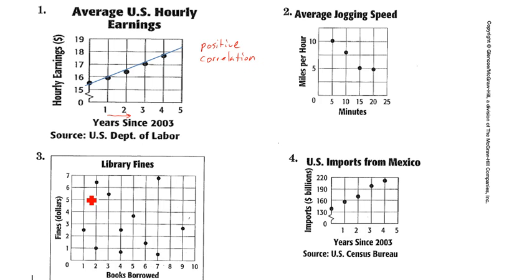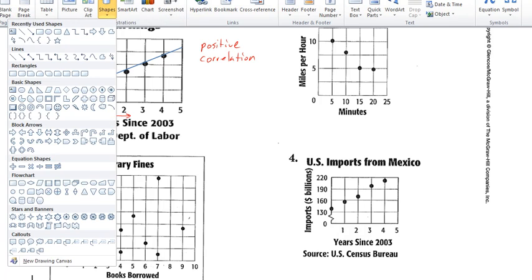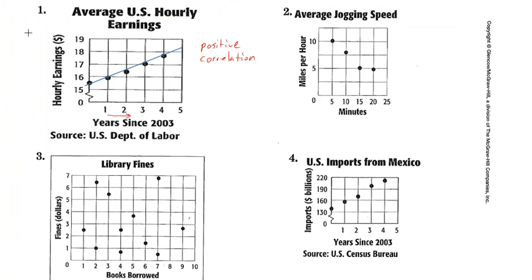All right? Let's look at the next one, average jogging speed. So this is somebody that's going out jogging. At the beginning, they're jogging 10 miles an hour. As time progresses, they're getting slower and slower and slower. Now, these points don't lie on a perfect line. Neither did the first one, but this is a little bit more obvious that it's not perfect. However, we can still say that there is somewhat a correlation.